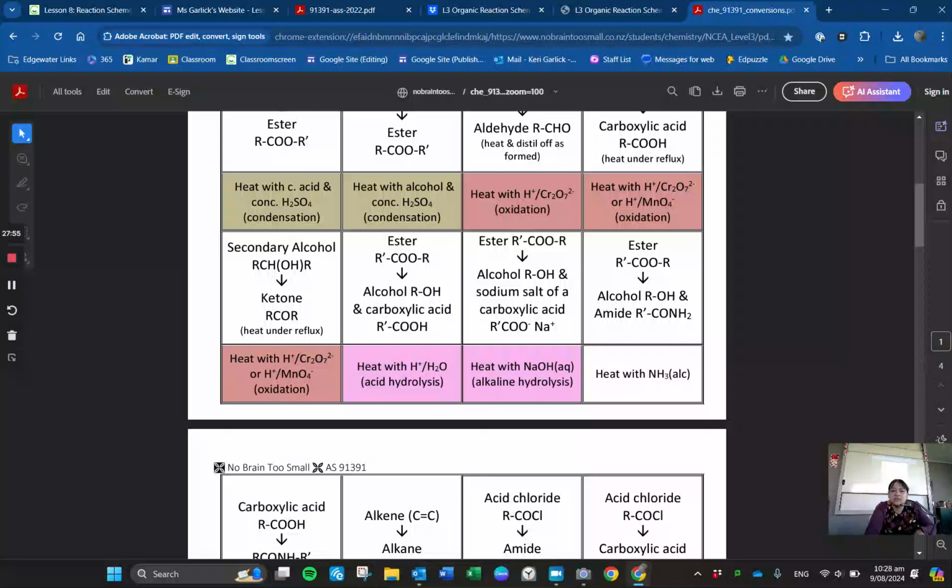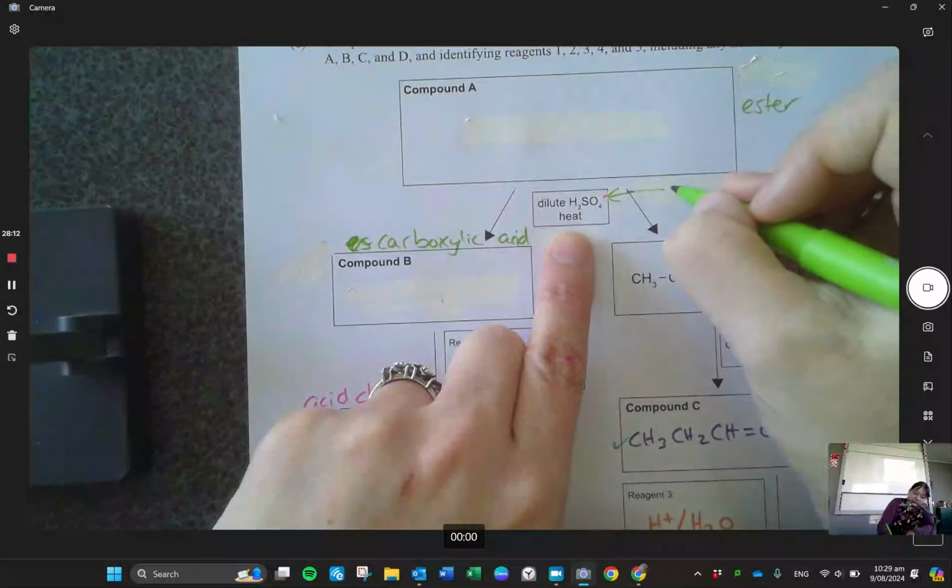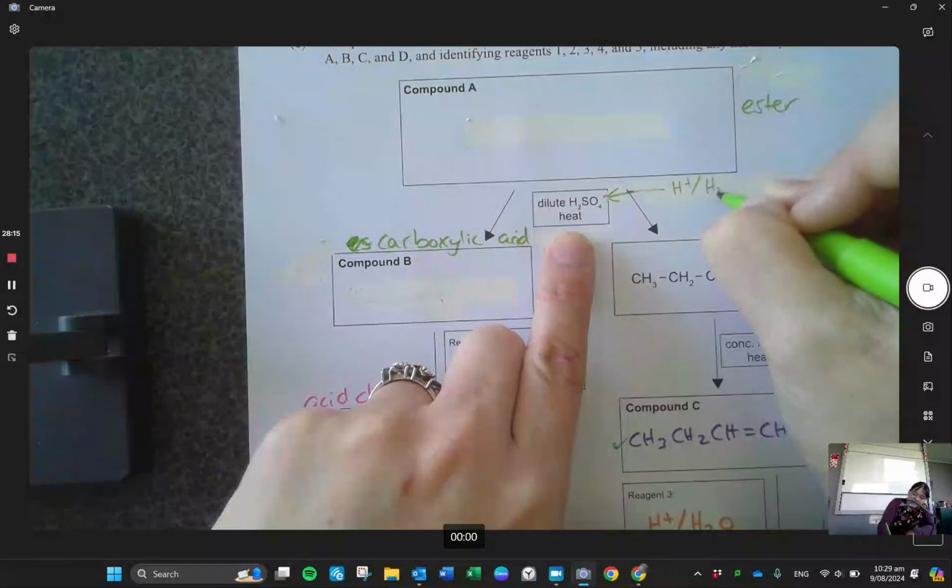Here we go. Ester going to an alcohol and carboxylic acid. You heat with an acid, which they have done, dilute sulfuric acid with heat. So I was right that that is a reagent. It's just wrong reaction when I was thinking about that. So still, that one is the same as saying that.